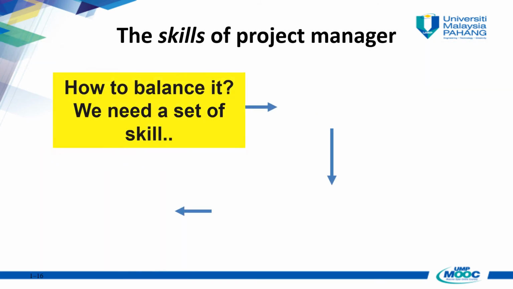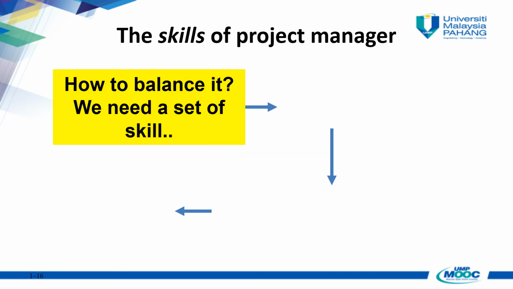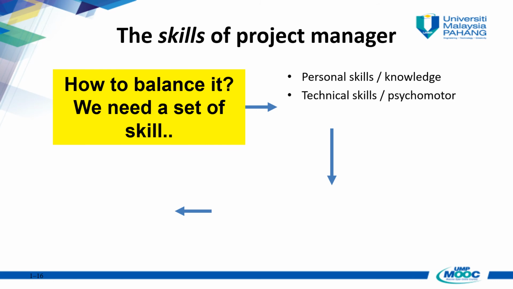So what are the skills of a project manager that we want to balance? We need a set of skills. Okay, these are the major three skills required for our engineers or our technical team. The first one we call personal skills. Okay, what are these personal skills? This is how people use knowledge, like thermodynamics, statics, fluid knowledge that we can contribute as engineers.